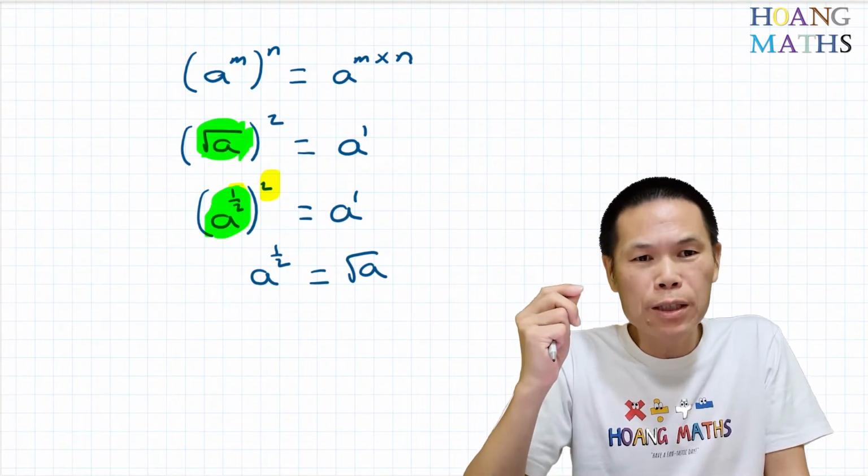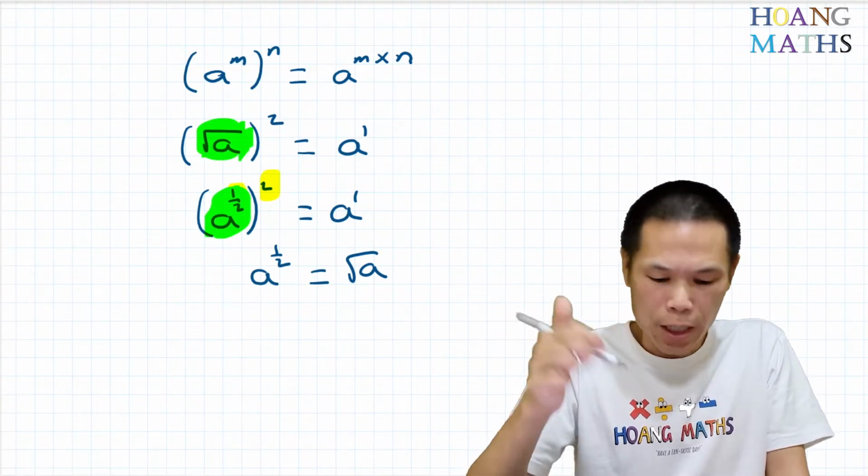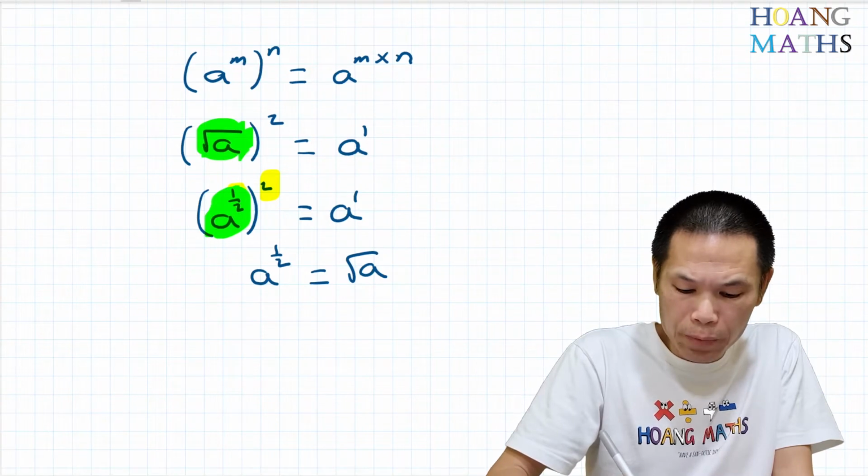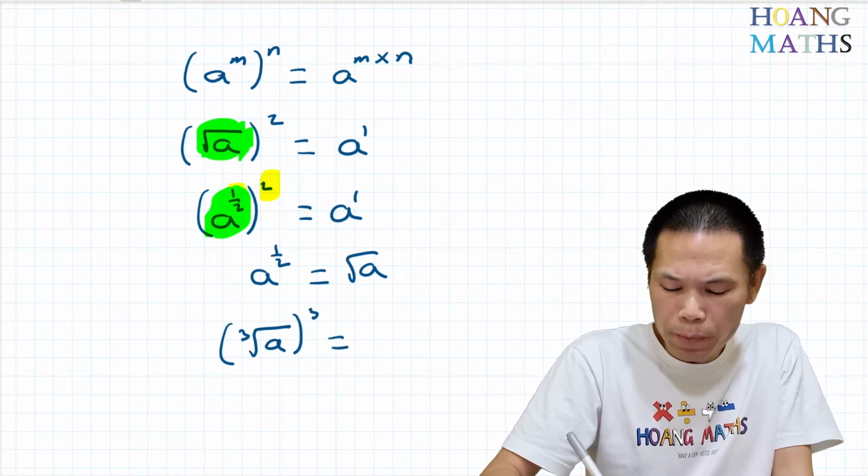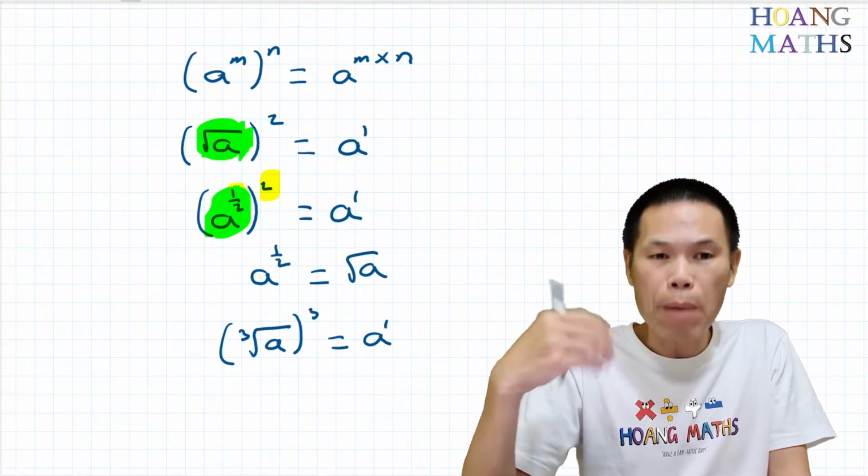We know that the opposite of cube root is power of 3. So let's say I have the cube root of x, and if I raise it to the power of 3, that will also give me x. So x is x to the power of 1, because the opposite of cube root is power of 3.